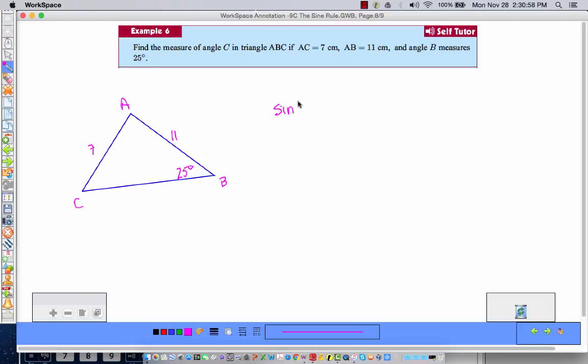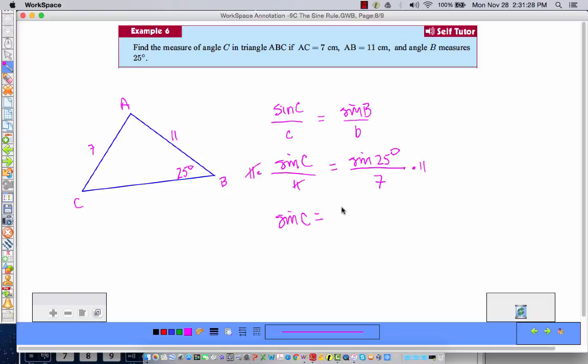So I will say sine of C over little c is equal to sine of B over little b. And so sine of C, which is what I'm looking for, over 11 is equal to sine of 25 degrees over 7. Okay, so sine of C is going to equal, if I multiply both sides by 11, 11 sine 25 degrees over 7.